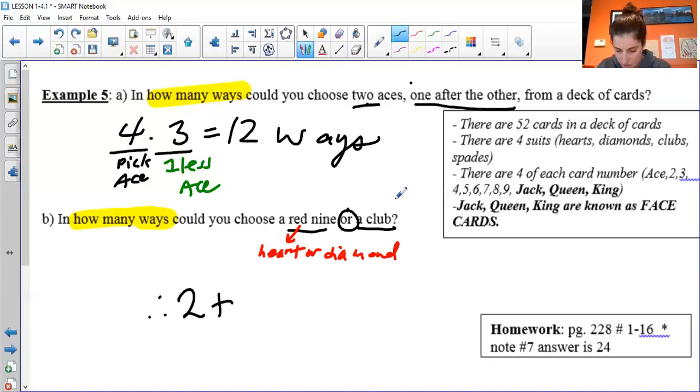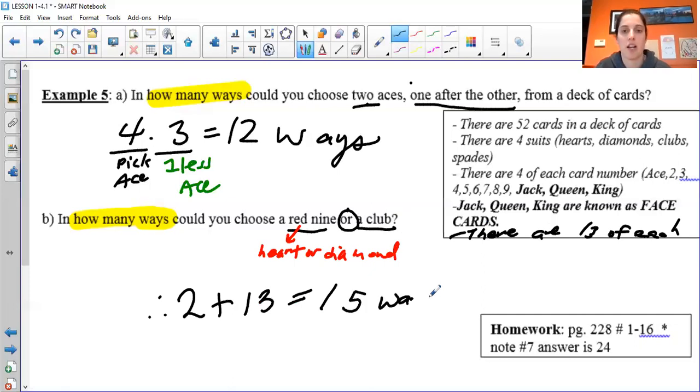Okay, and I think I wrote that on your sheet. You have an updated handout there. So if you know there's 52 cards and there's 4 suits, there's 13 of each. So there are 13 clubs. So there are 15 ways you can pick a red 9 or a club.